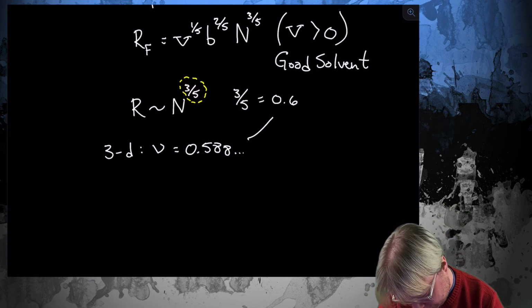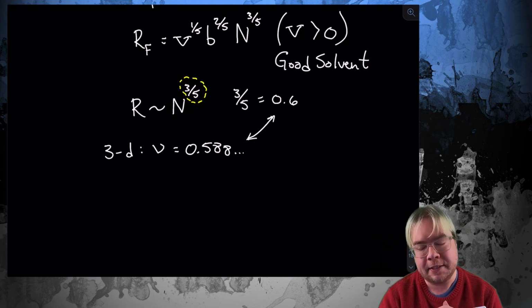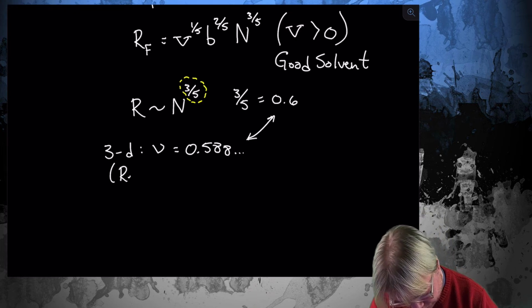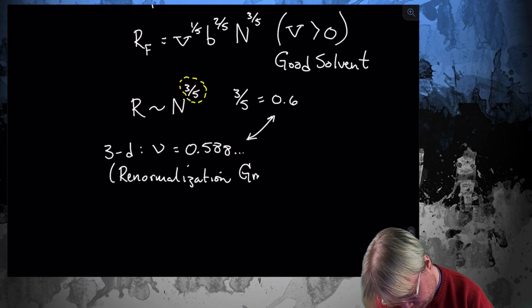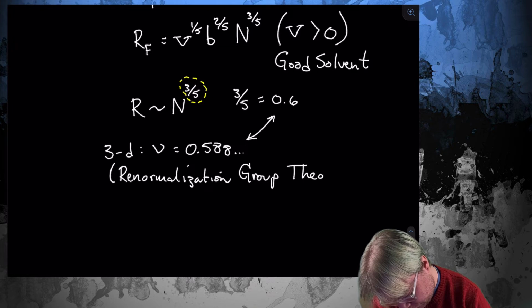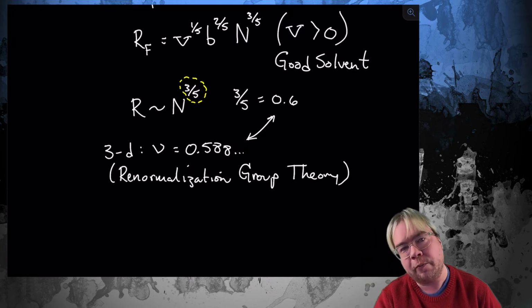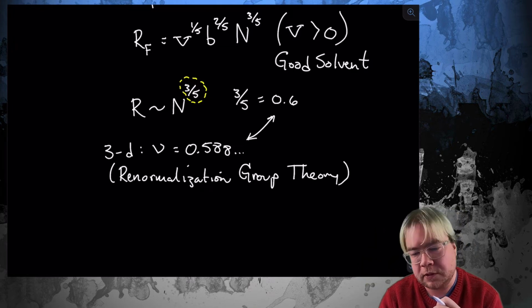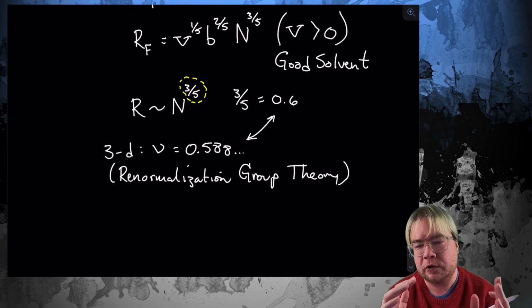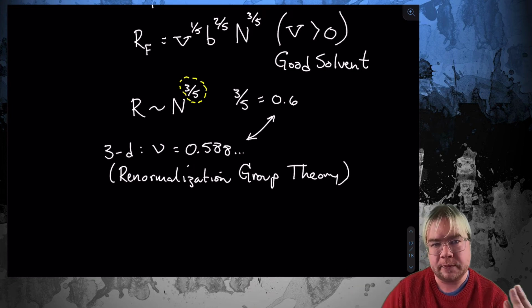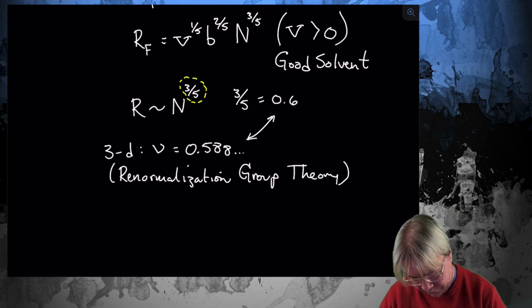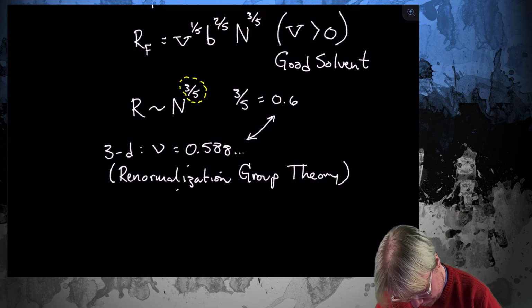You can see that it's close, but it's not quite the same. So this was done with renormalization group theory. And we won't talk any more about it. It's a mechanism for approximating something in a series and then truncating terms, basically. But this is the exact value. So this is exact.